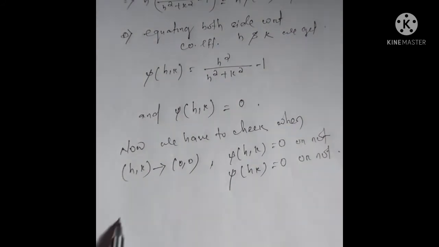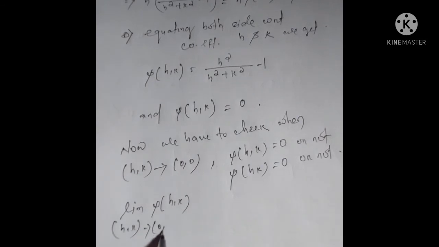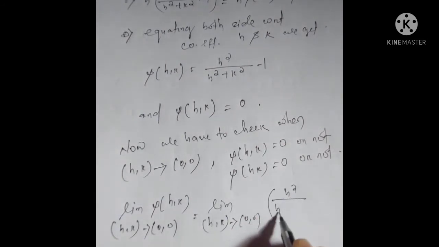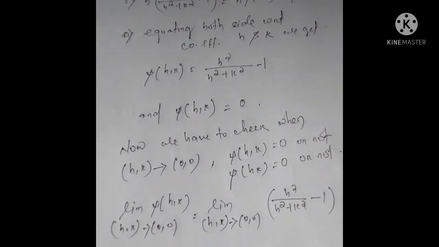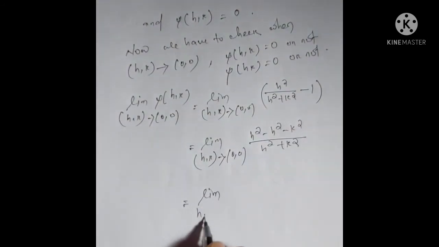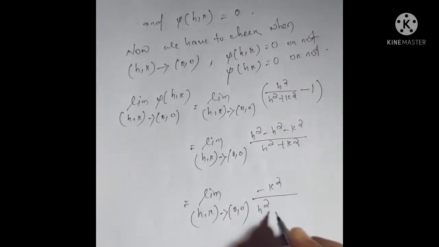Now the limit of phi of hk when hk tends to origin is equal to the limit as hk tends to origin of h square by h square plus k square minus 1, which is equal to the limit of (h square minus h square minus k square) by (h square plus k square), which is equal to the limit as hk tends to origin of minus k square by h square plus k square.